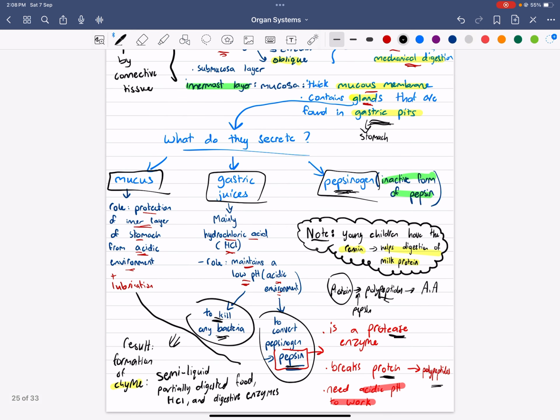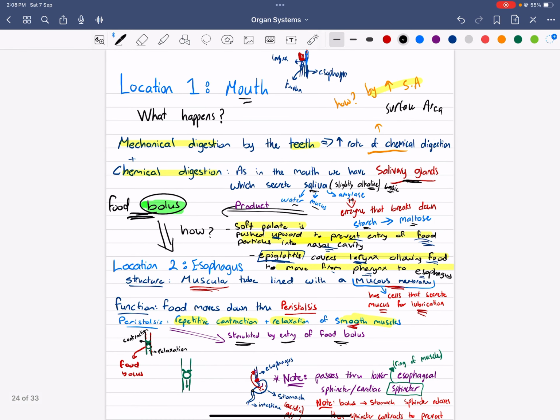Now, first let's just revise very quickly. In the mouth, we had mechanical and chemical digestion, and then with the saliva, with the mucus, and with the enzyme amylase, we formed a food bolus, and then this food bolus was transported from the mouth into the esophagus.